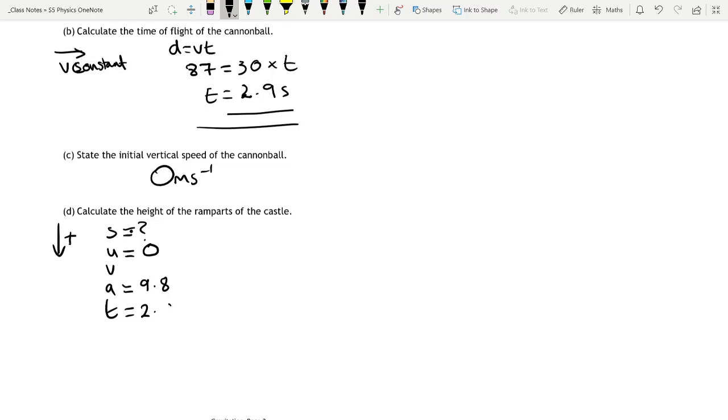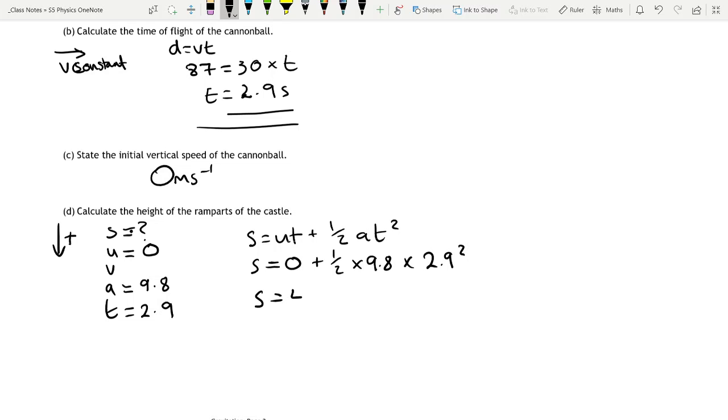And the time we worked out to be 2.9 seconds. So we can rack our brains thinking back to our SUVAT equations. S equals ut plus half at squared. So S equals 0 plus half times 9.8 times 2.9 squared. So S should come to 41.2 meters.